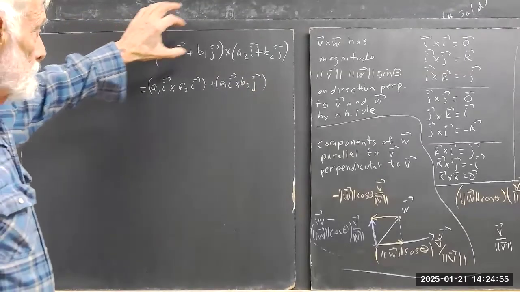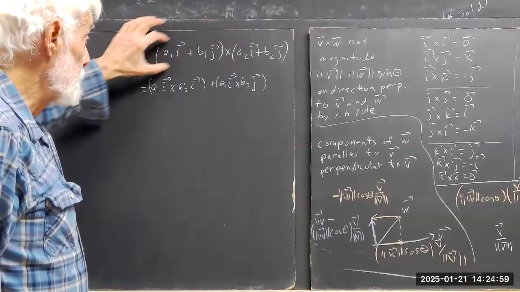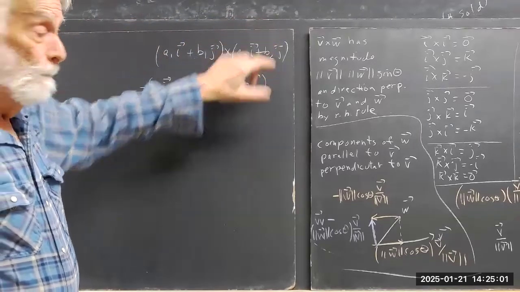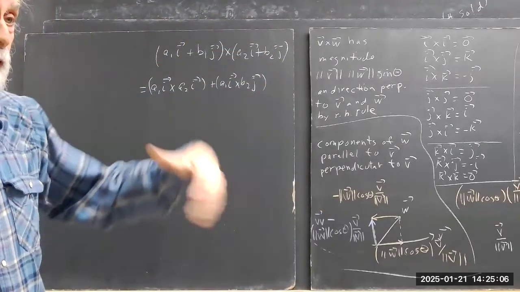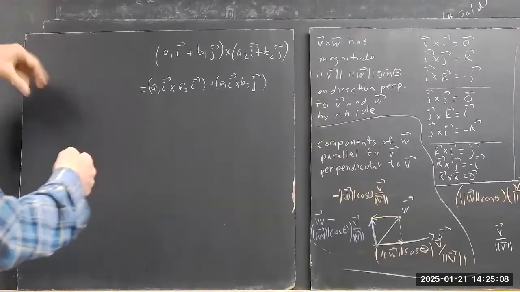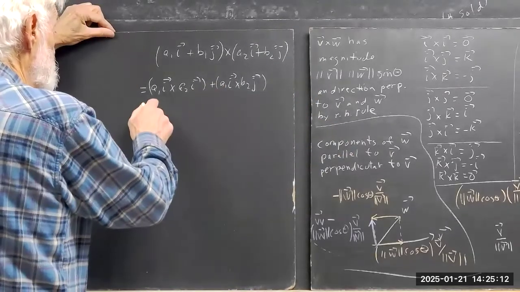Okay, just taking the cross product, this crossed with this, plus this crossed with this, right? It's like a distributive law. It is a distributive law. Okay, now I'm just asserting it, and the deeper proofs and connections and stuff come later.